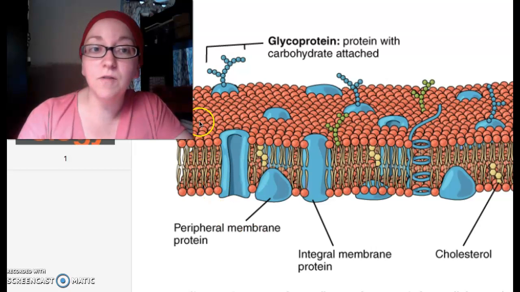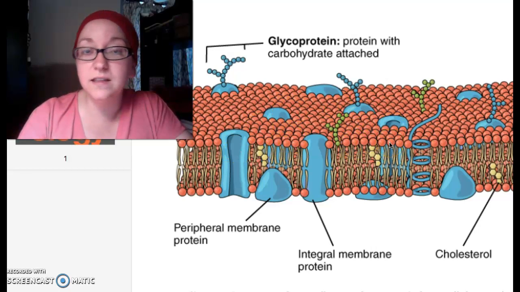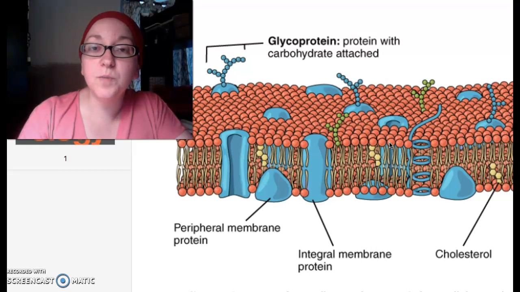So mosaic, right, means that there's lots of different parts, like a flower mosaic or ceramic mosaic, where they've used all the little bits and pieces to make a picture. So there's lots of parts, but it is very fluid. All these things can kind of move around within the layer as needed. So those are probably some of the terminologies that you will hear when discussing a cell or plasma membrane.